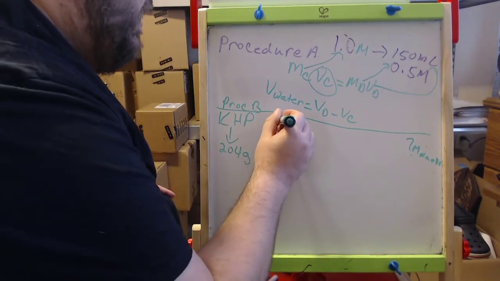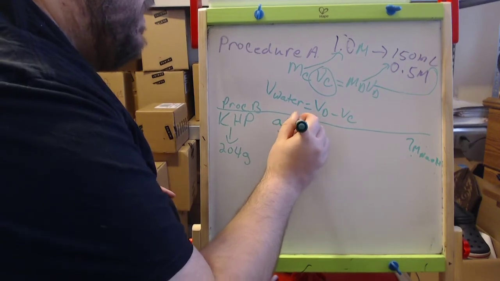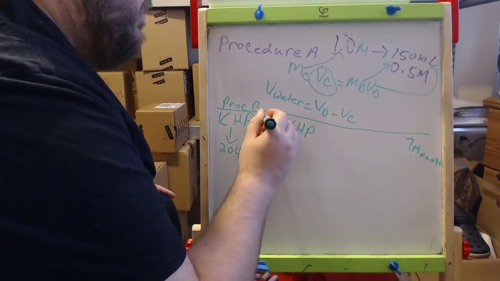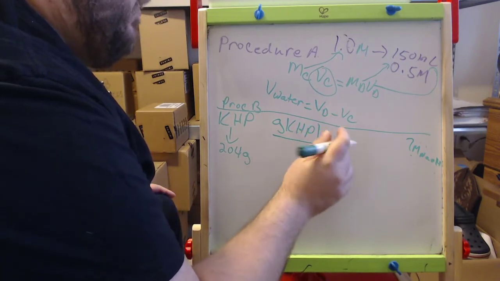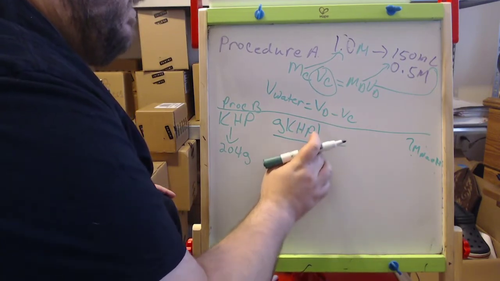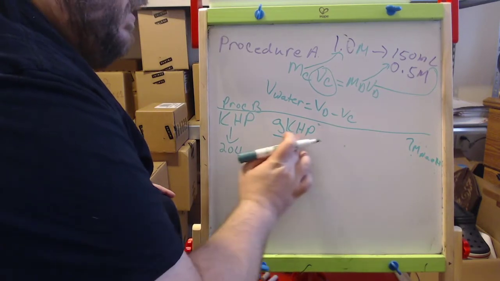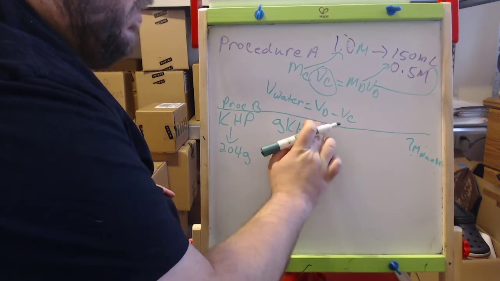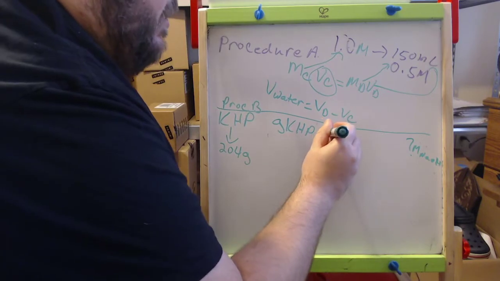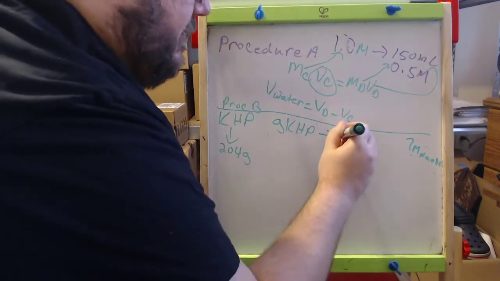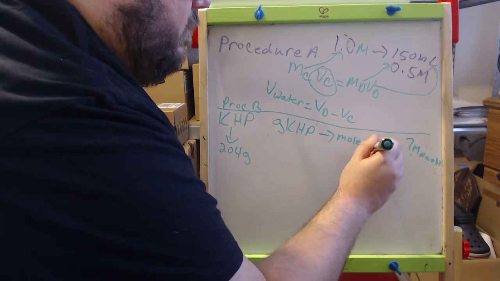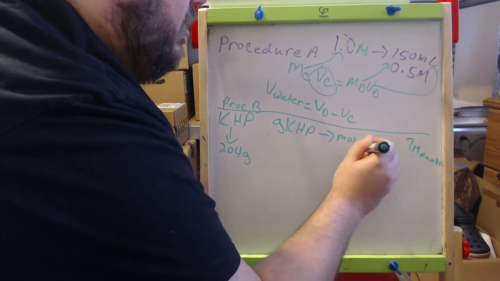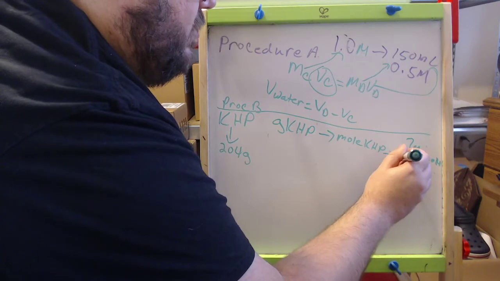The thing that you're going to have to do is take the grams of KHP that I give you, the given amount on Blackboard, and convert it using the molar mass. I set up the dimensional analysis for you. You have to get it to moles of KHP, which in turn you have to get to the moles of NaOH.